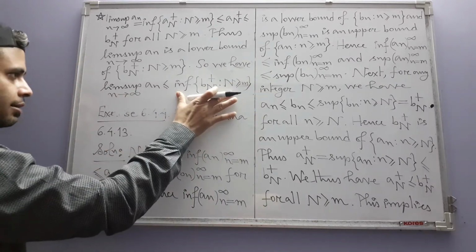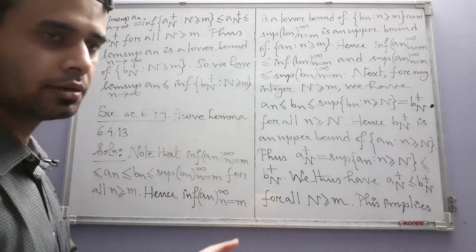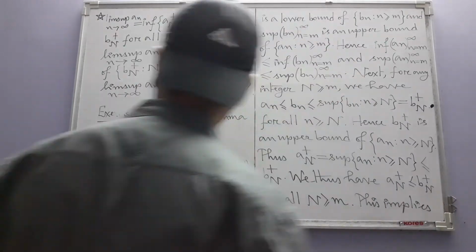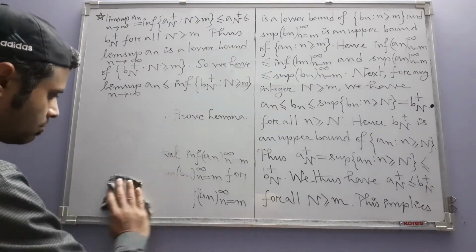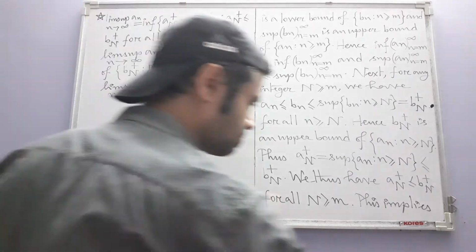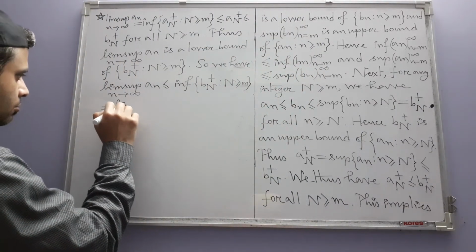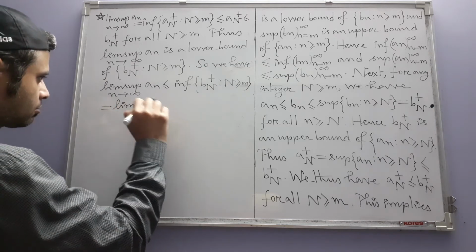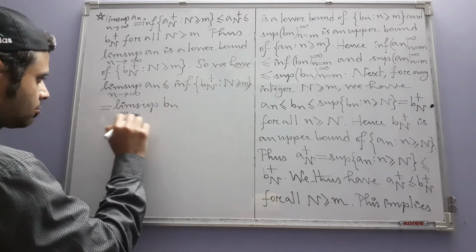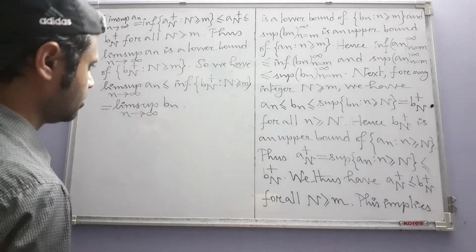And that in turn is nothing but the limit superior of the sequence b_n. So we have got that one inequality.